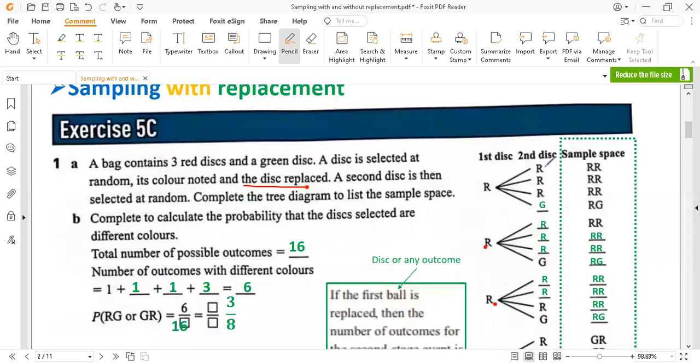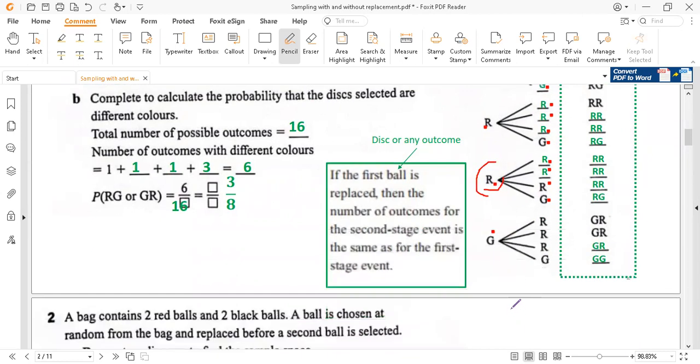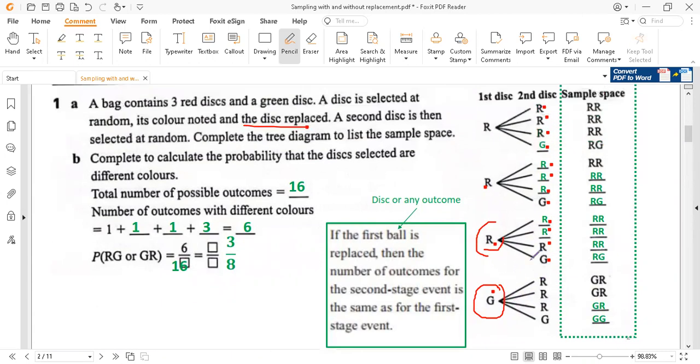So the second disc could be red or green again, because each one is replaced in the bag before the second selection.